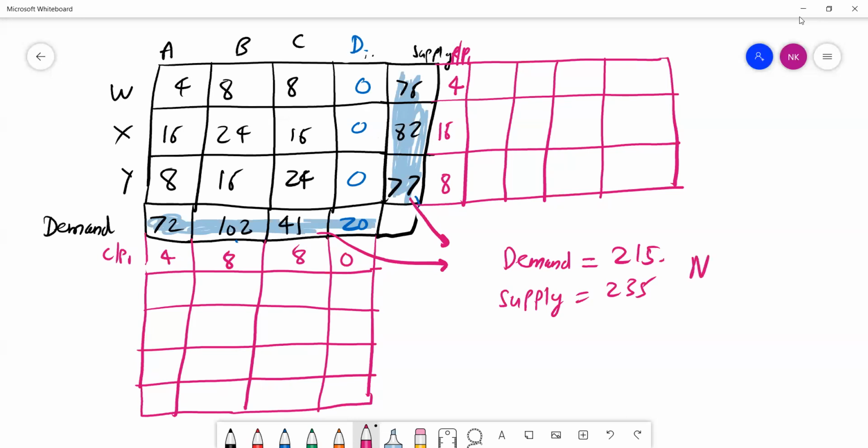So this is nothing but an unbalanced transportation problem. So that is the reason you need to add the 20 over here in the column. Anybody having any further doubt?